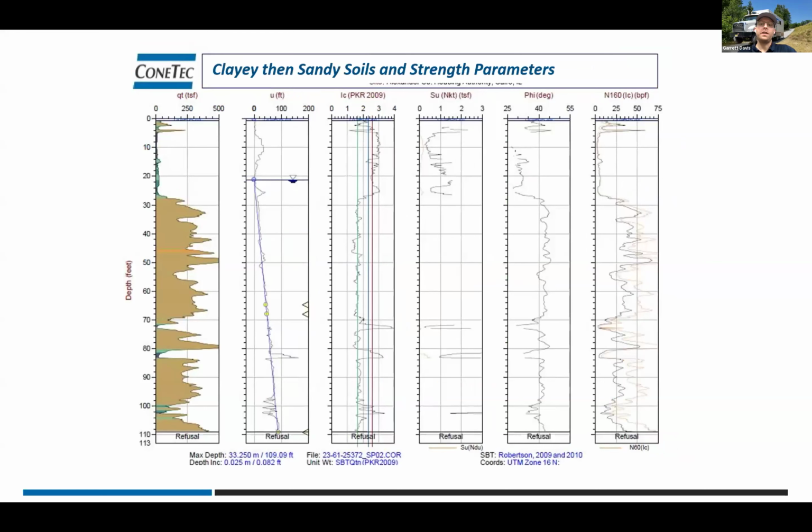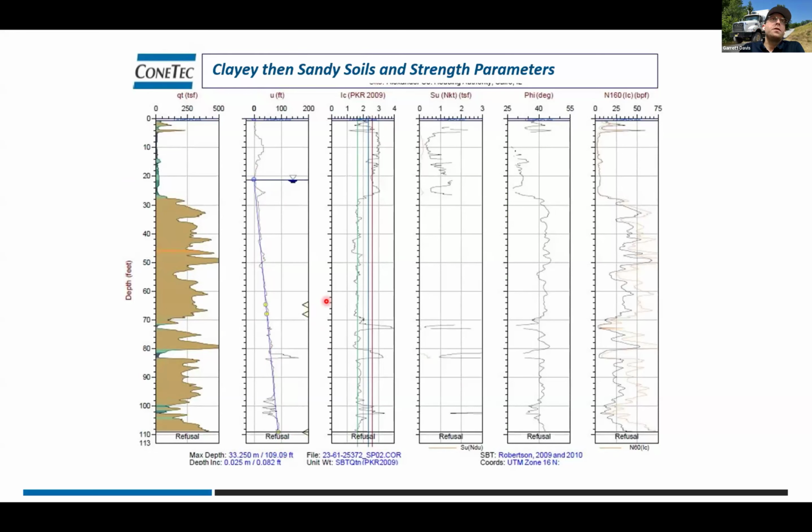Another plot here shows a different profile containing surface fill over some clay and then clean sands. This is a good example of dynamic pore pressure in clean sands following the hydrostatic line. Here you can see the dynamic pore pressure in the material below about 28 feet roughly follows this hydrostatic line.